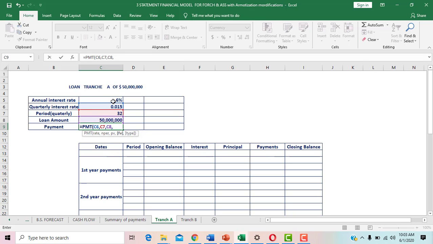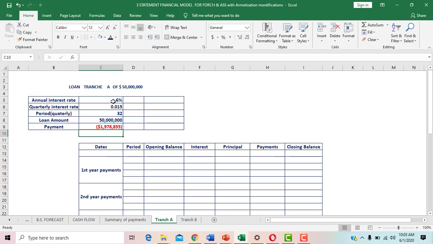Then our future value is going to be 0, meaning that by the 32nd period, we must have repaid all the $50 million owed. This means that our company is supposed to make quarterly payments of $1,978,855.